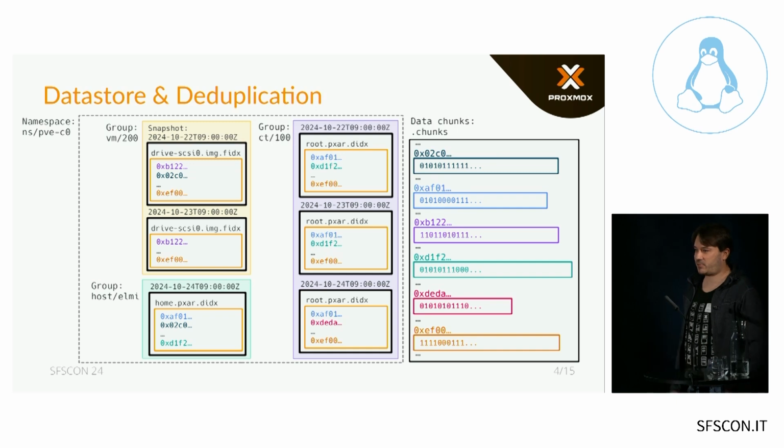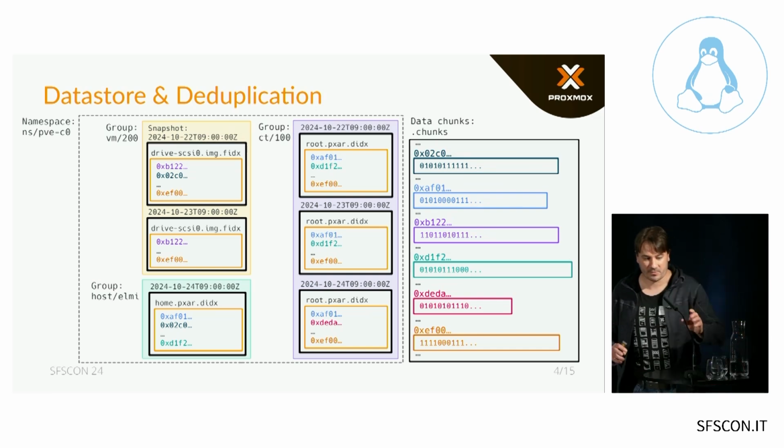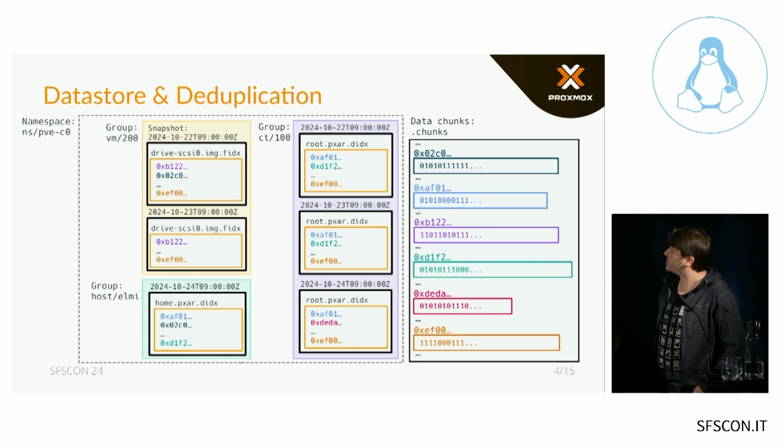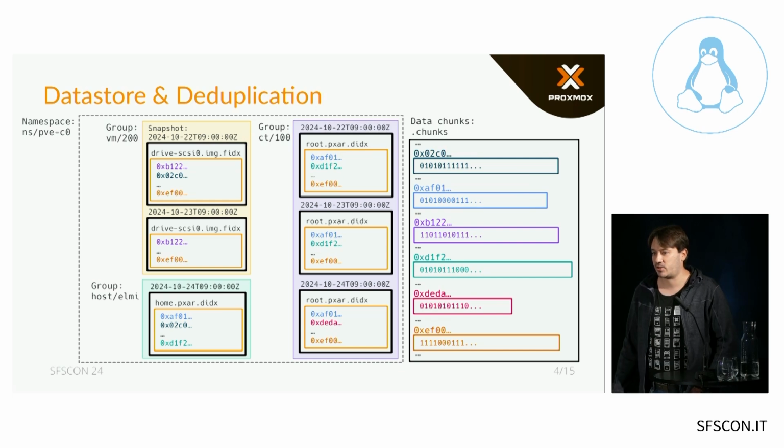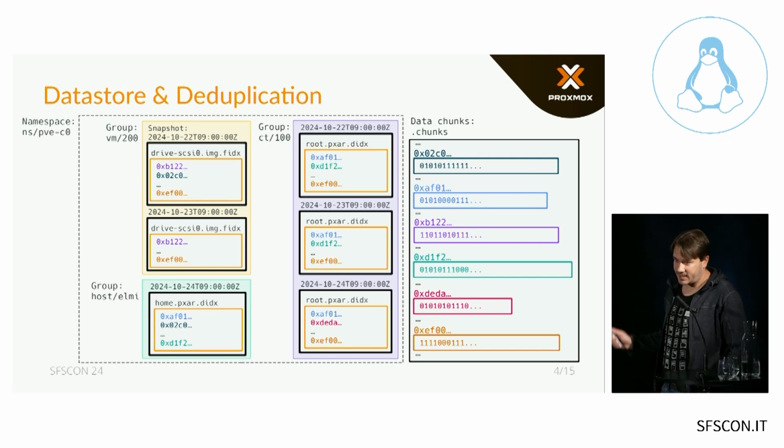So let's dive directly into the Proxmox Backup Server. The backups in the Proxmox Backup Server are not stored in large archives, but rather in a content addressable storage. This means that all your data is chunked up into millions of small files, which can be referenced by their contents' cryptographic hash function.